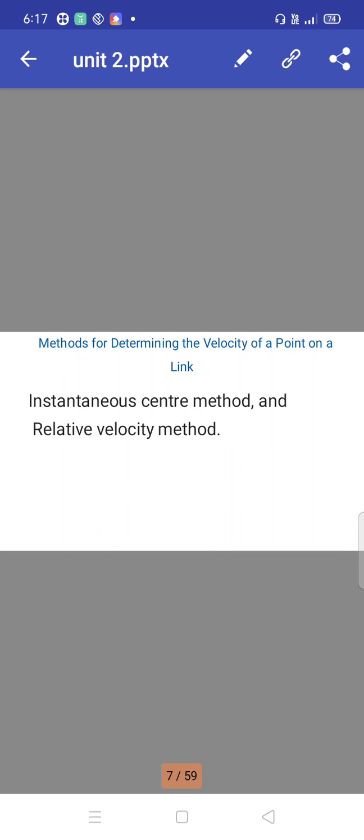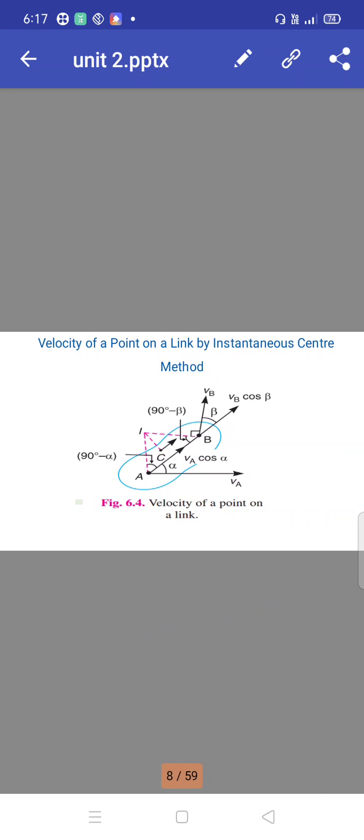The methods of determining the velocity of a point in a link are the instantaneous center method and the relative velocity method. These are the two methods to be followed. This is the velocity of a point on a link by the instantaneous center method.